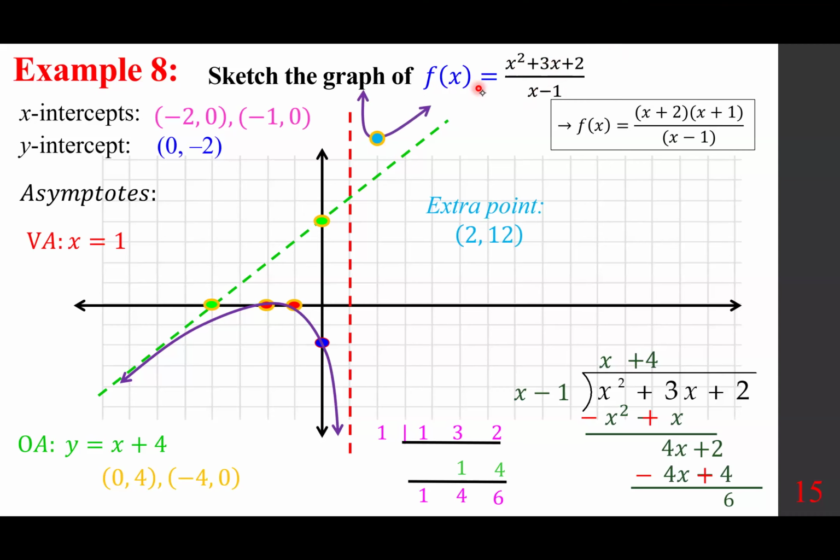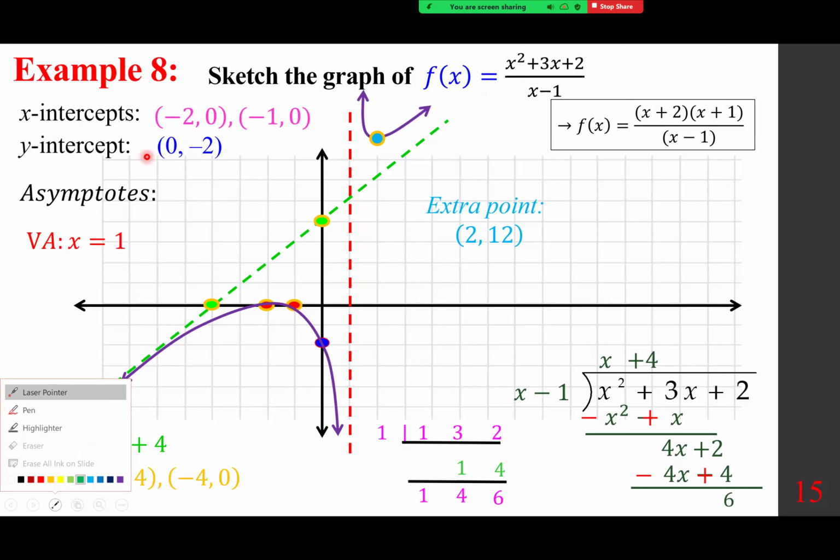So the details are explained as to how we come up with the answer. To recap, you find the intercepts. X is 0, find y. Y or f of x is 0, find x, just as before. You find the asymptotes. VA, the denominator is equal to 0. Then you either have horizontal asymptote, oblique asymptote, or none of the above.